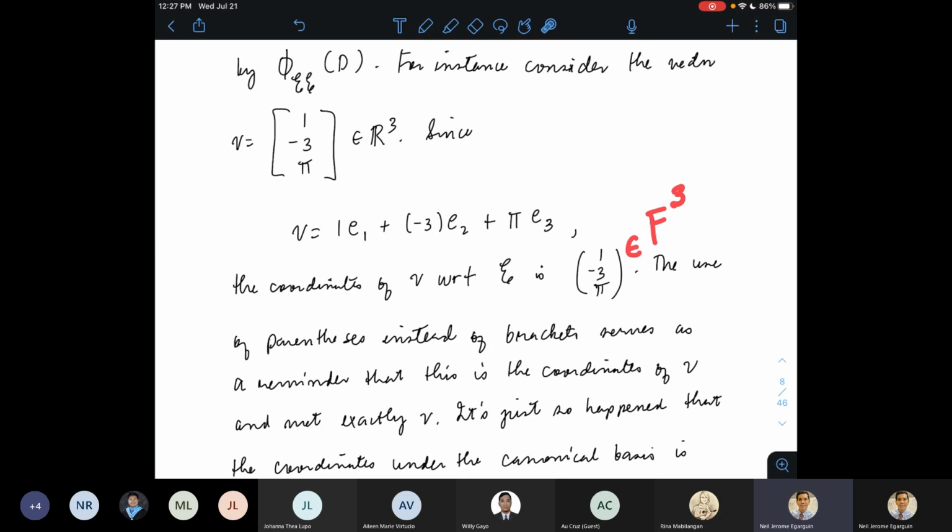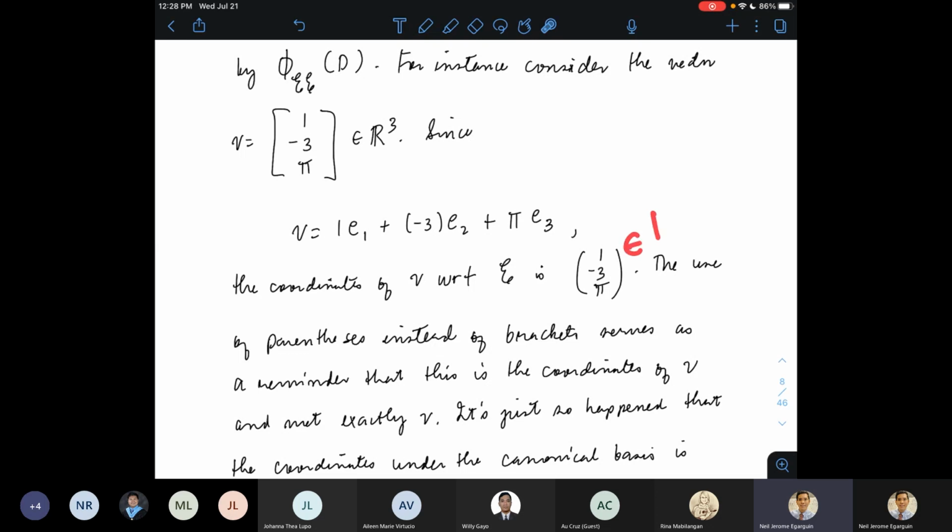Kasi yung coordinates kasi nanggagaling lang siya dun sa field of scalars. And you see the subtle change in notation, though mukhang hindi pa siya masyadong clear for this example, but in the next examples, it would be clear. I use brackets for vector elements in R3, but here I am using parentheses para dun sa coordinates.